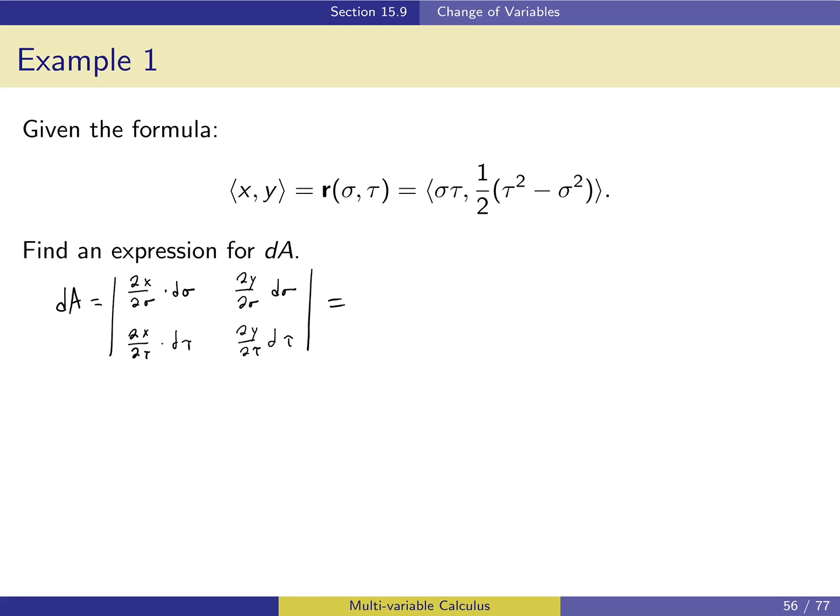Let's calculate these partial derivatives using the formula we have up above. So dx d sigma is tau. dy d sigma is negative sigma. dx d tau is sigma. And dy d tau is tau. And then we have a d tau.